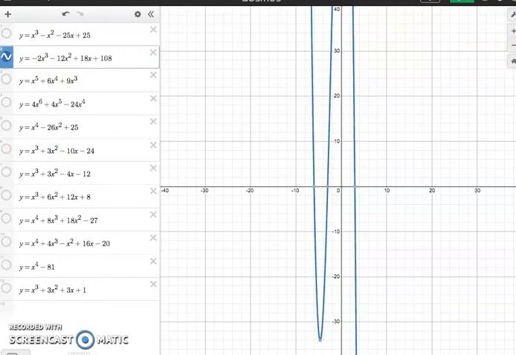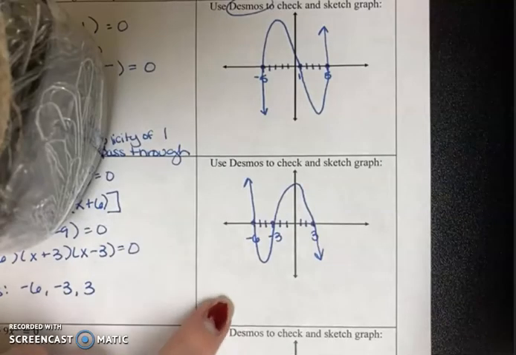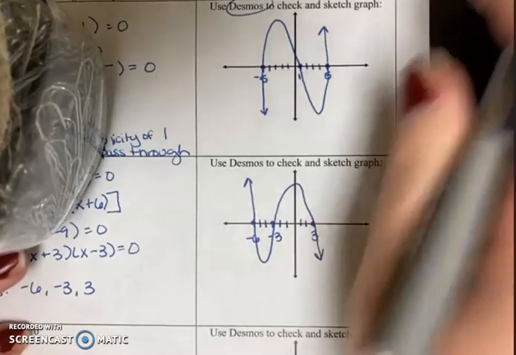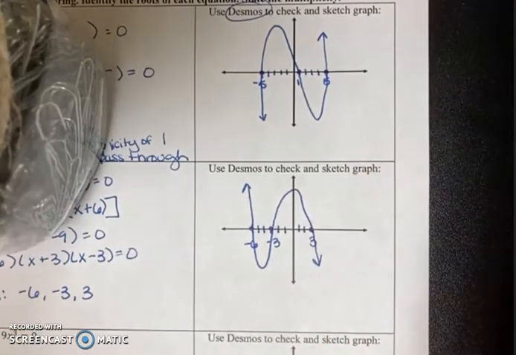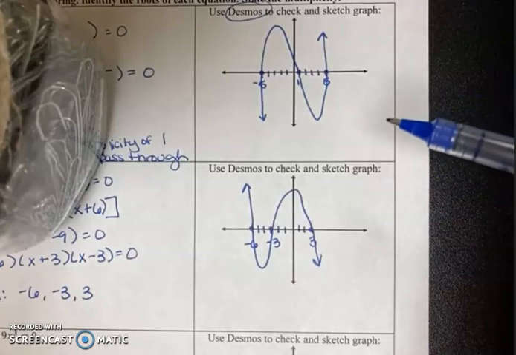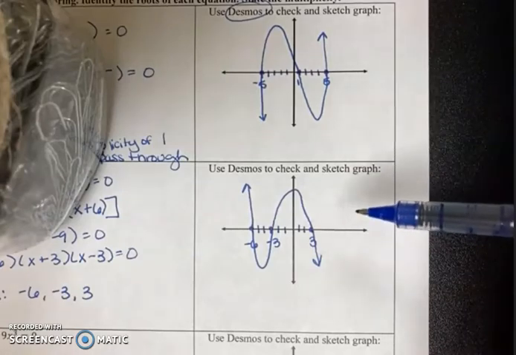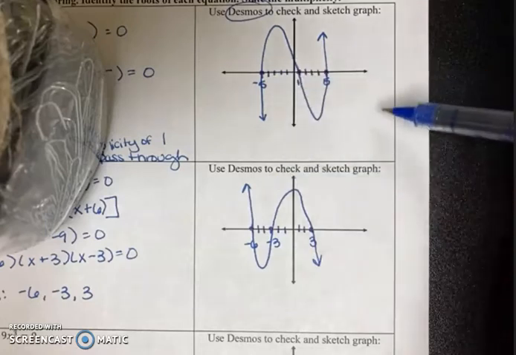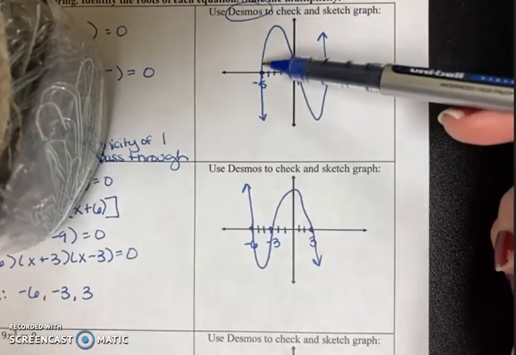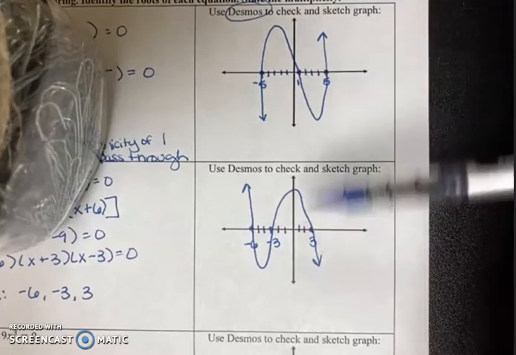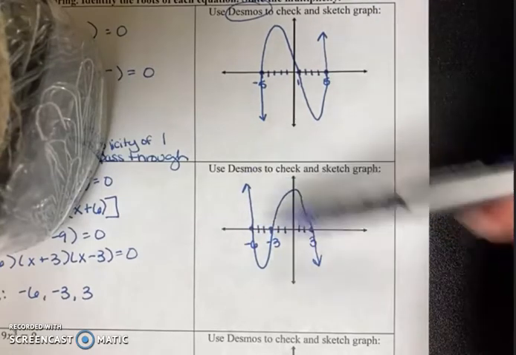Here's my rough sketch of example 4, and I want to talk about the behavior really quickly. This is something you'd explore more in a class like pre-calculus, but because both of these were originally odd powers, we see different end behavior, meaning that one end of the graph is going down and the other is going up, or in this case, up and then down.